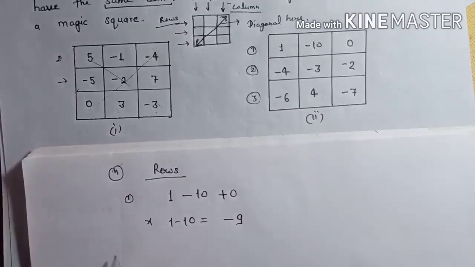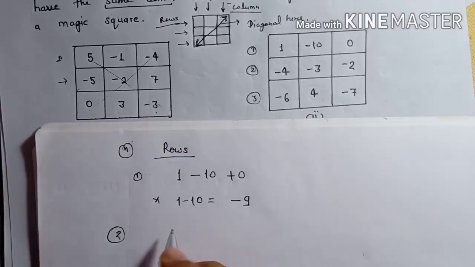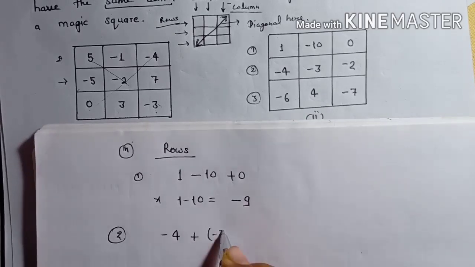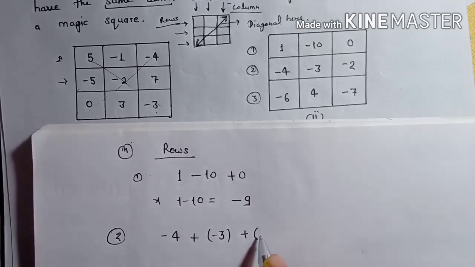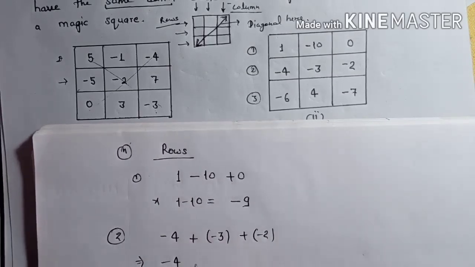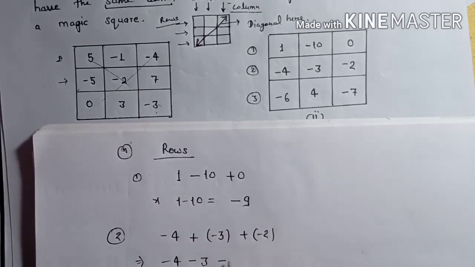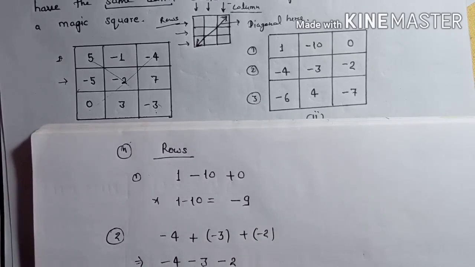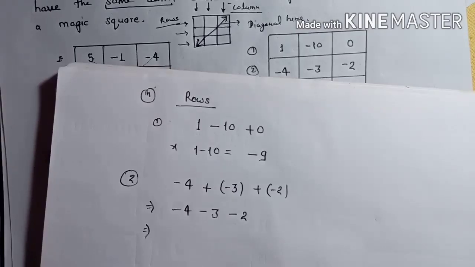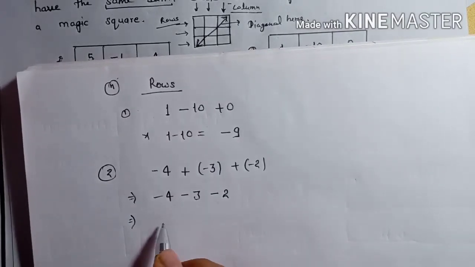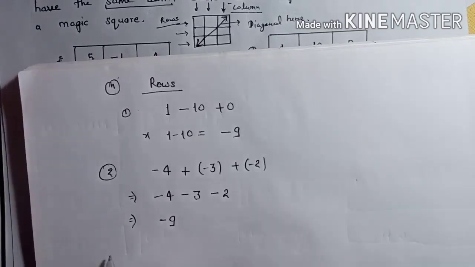When we add the second row, it is -4 plus -3 plus -2. Adding all these integers gives -9.